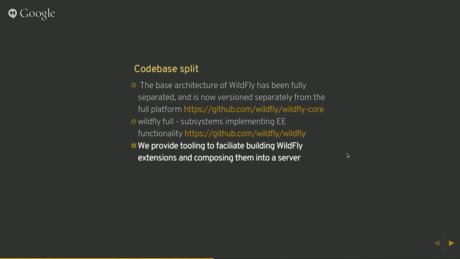We have provided tooling to facilitate building Wildfly extensions and composing them into the server. So there are tools that enable you to provide server with only those features from Wildfly that are necessary to you. I will describe those tools and show on an example how to build and provision a server.